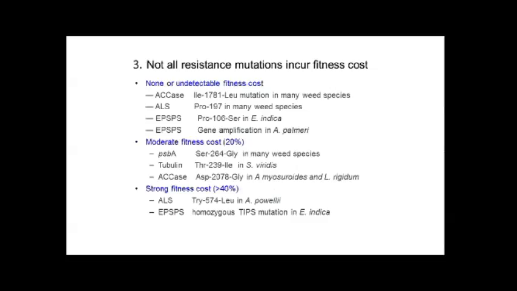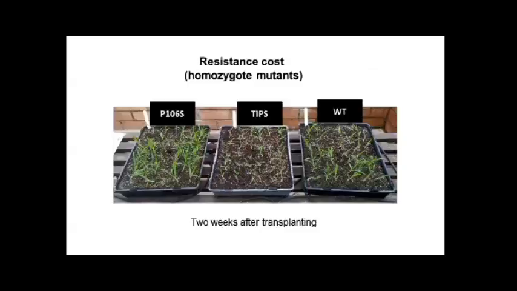Okay, the last point is that not all resistance mutations incur a fitness cost. The fitness cost can range from none or undetectable, to moderate, to very severe. For example, our recent work on a double mutant, a homozygous mutant in the EPSPS gene.